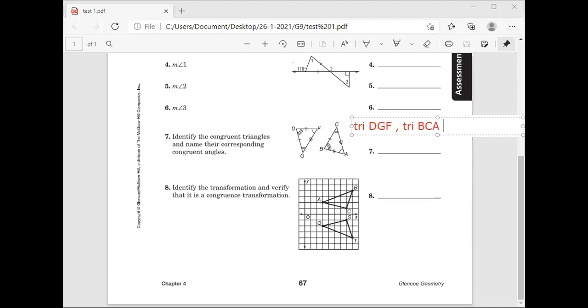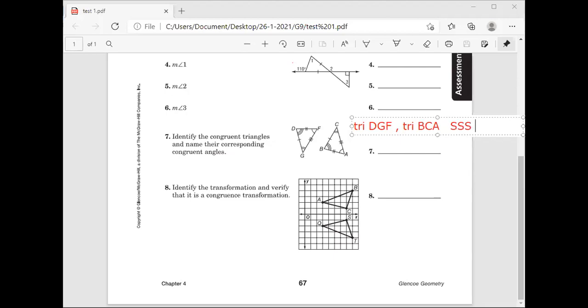Which postulate did we use to prove that the two triangles are congruent here? SSS, yes. So three sides.